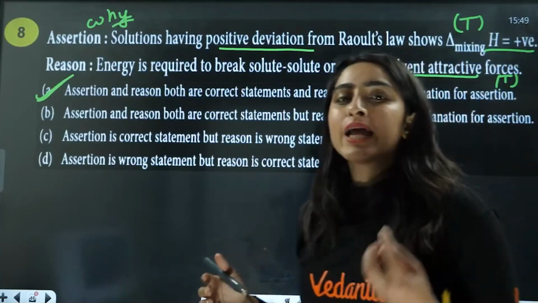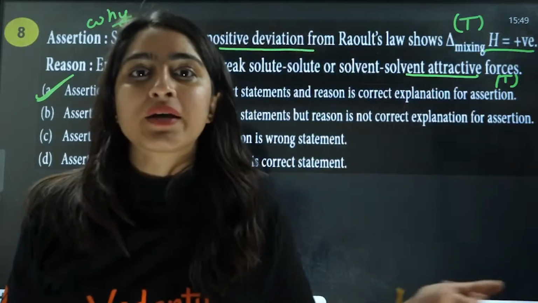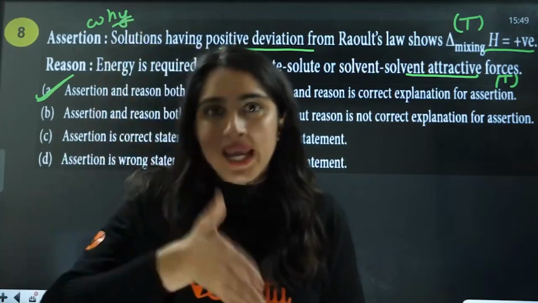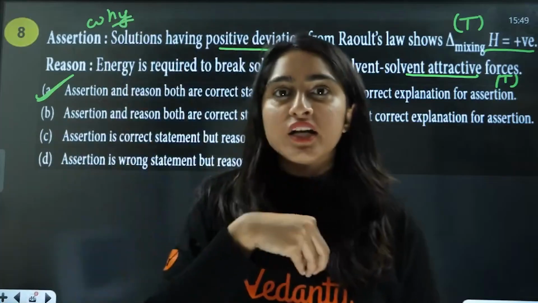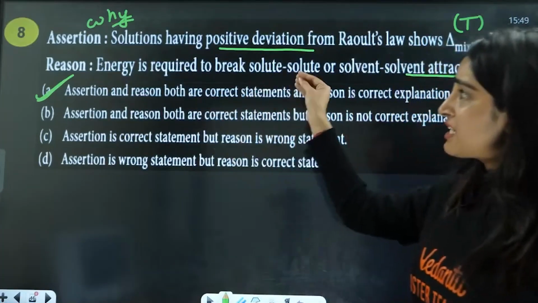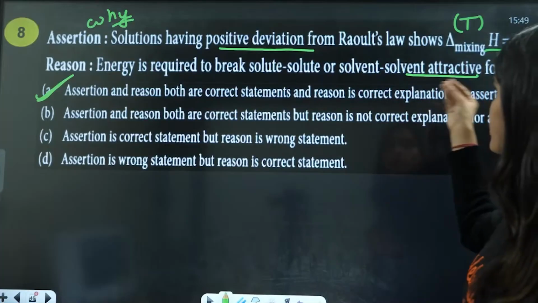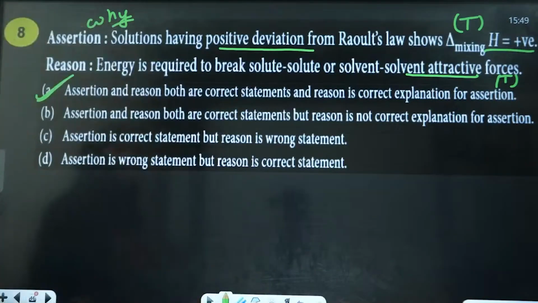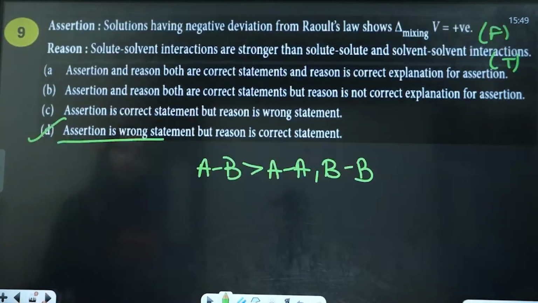He is saying why positive deviation has delta H mixing positive. Why is delta H mixing positive? Because to break the interactions, we need energy. Energy is required to break solvent interactions. Right? That is why this is positive. Right? Okay?